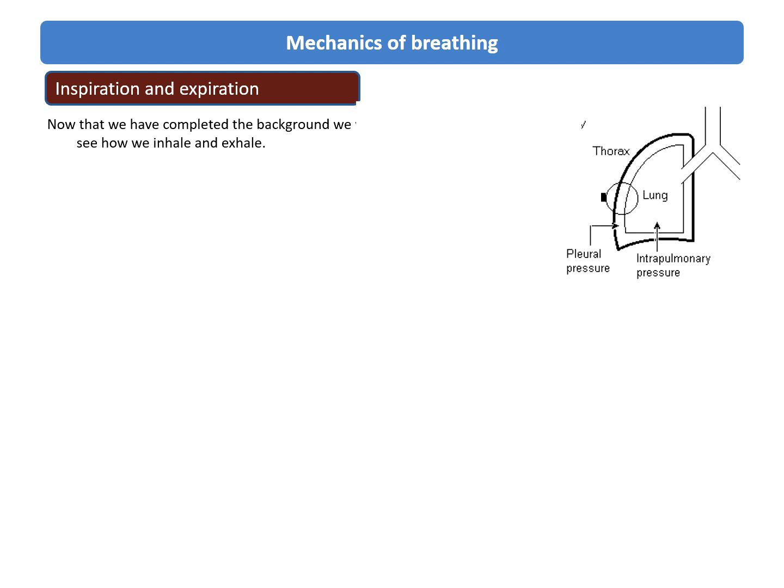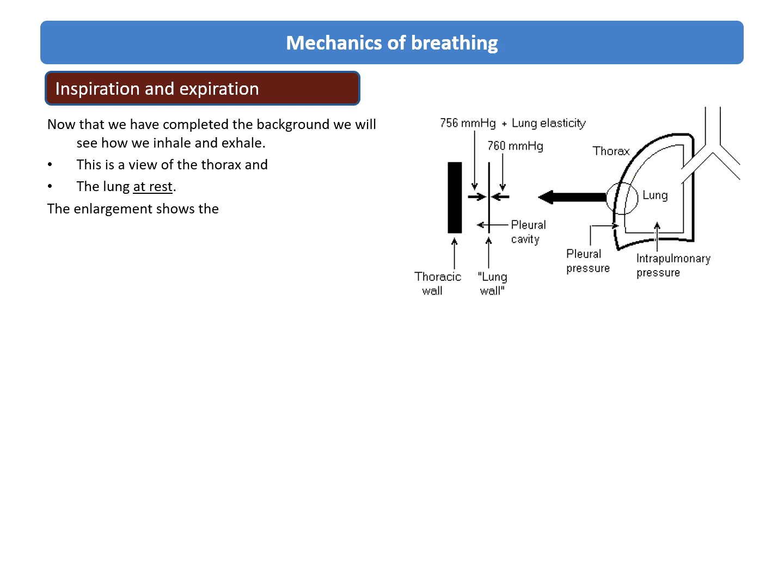Now that we've completed the background, we can see how we inhale and exhale. This is a view of the thorax and a view of the lung at rest. The enlargement of the wall shows the thoracic wall in the heavy line and the lung wall. Again, notice we put that phrase in quotes because the lung is not built just like a balloon.